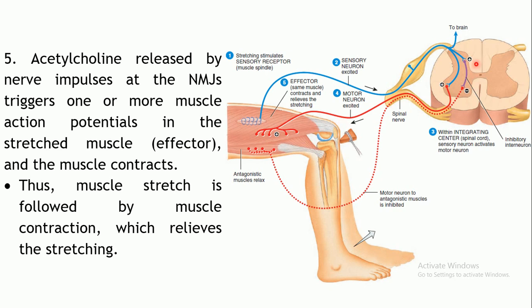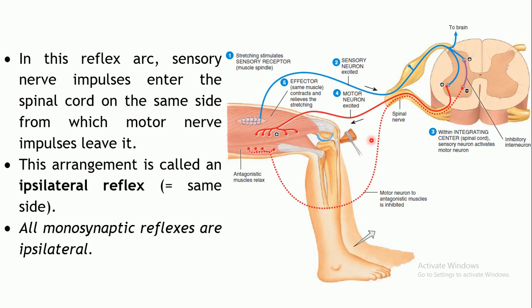Now at the same time, the same sensory neuron is also passing the inhibitory potentials towards the antagonistic muscles. So these muscles will relax and it will result in movement of your leg. Now, one thing you should note in this particular reflex arc is that the sensory nerve impulse is entering the spinal cord and the motor nerve impulse is leaving the spinal cord from the same side, right?